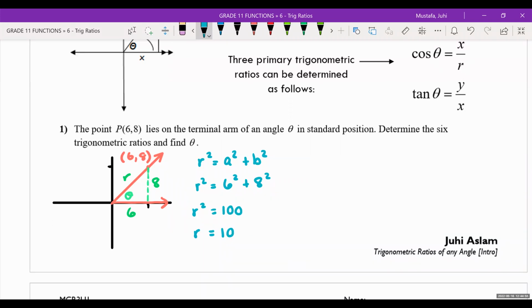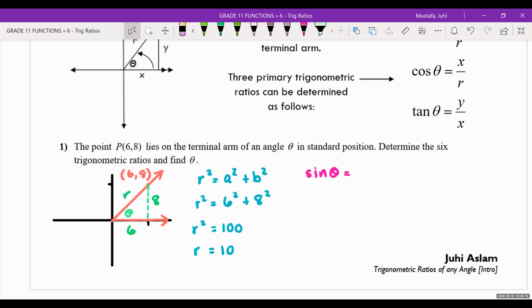Okay. So now based on this information, let's go ahead and figure out the 6 trigonometric ratios. Let's start with sine theta. They just want the ratios for now. So what would sine theta be? Opposite over hypotenuse, which would be y over r, yeah, and then we have actual numbers this time.